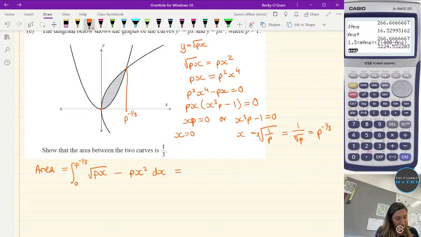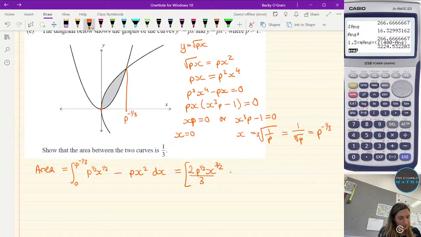And working out what that's equal to, well, we have the square root of p times the square root of x. That is p to the half, x to the half. The x is the bit that we're integrating, so we raise that power by 1, and we've got 3 over 2. We've still got p to the half, but we're now going to divide by the new power, which is the same as times by 2 over 3.